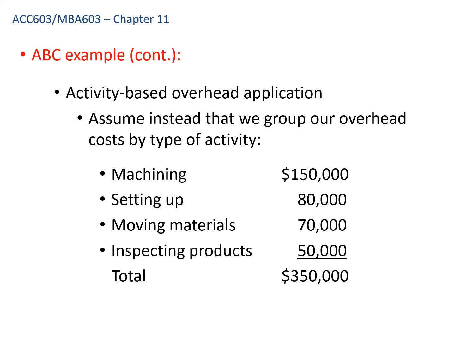So now let's take a look at a different way to do it. So instead of just taking one big pot of factory overhead and saying 350 spread evenly over everything based on direct labor hours, let's instead look at what kind of activities go on in our factory, and let's group our budgeted costs for the upcoming year based on those activities. So say we've got an activity called machining.